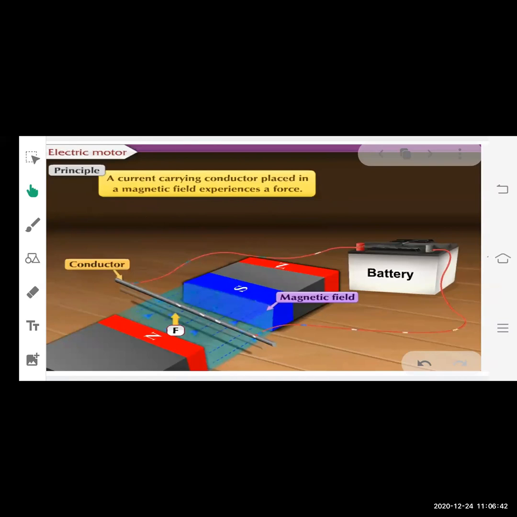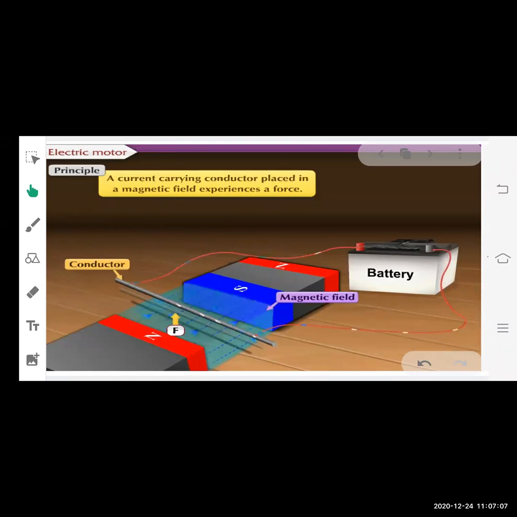So you can see the picture here. There is a magnetic field generated by two magnets, north pole on one side and south pole on the other. These two magnets generate a magnetic field from north to south direction, and in between this magnetic field there is a conductor kept, connected to the battery with the help of connecting wires.